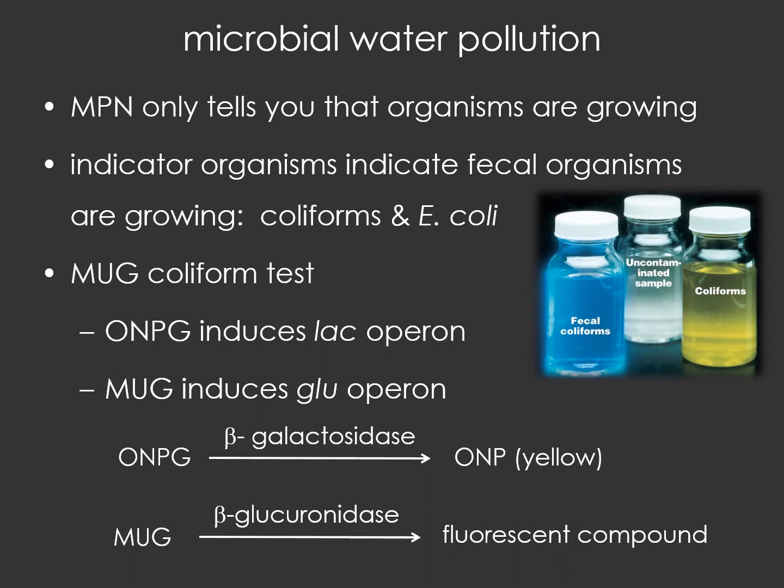So getting ONPG, which is converted by beta-galactosidase, which is part of the lac operon, to turn to a yellow color, simply indicates to you that there are coliforms present, which, if you're talking about a recreational water sample, may be part of the normal flora.